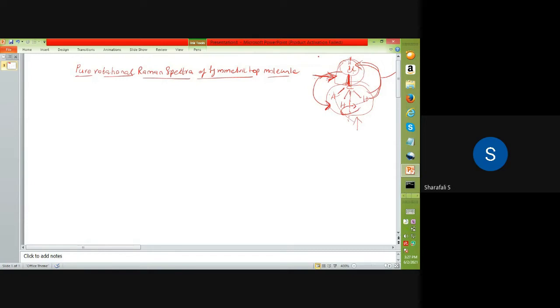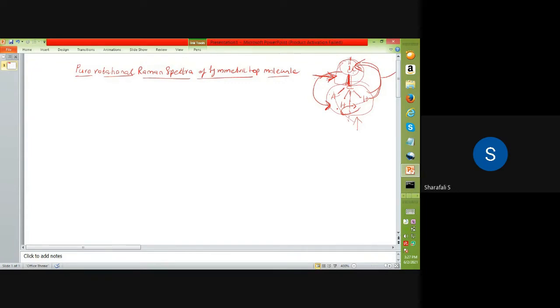But when you change the CH bonds to this portion and the CCl bond comes down, then the geometry of the polarizability ellipsoid also changes. So it depends on the electric field that you apply, and you have to check the polarization in different directions.